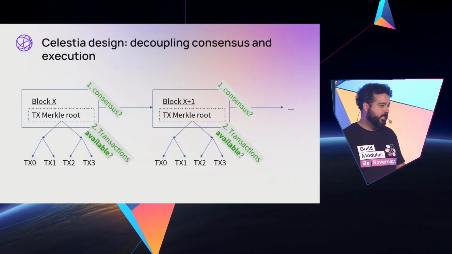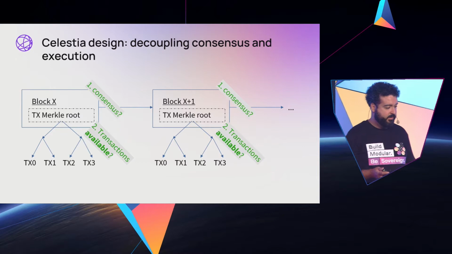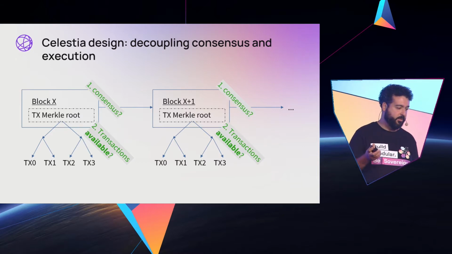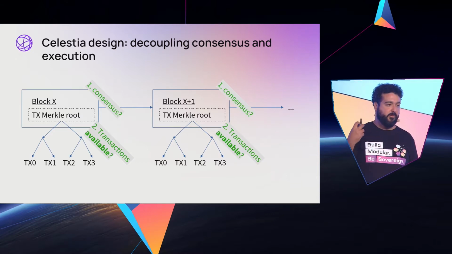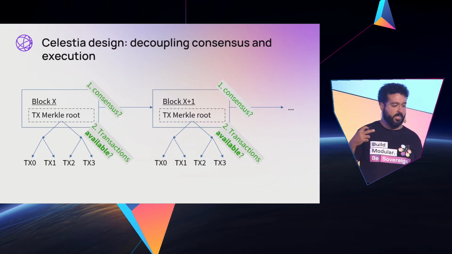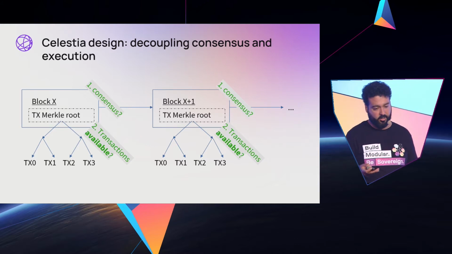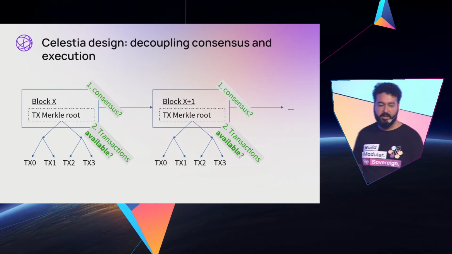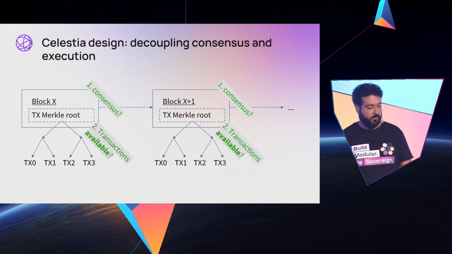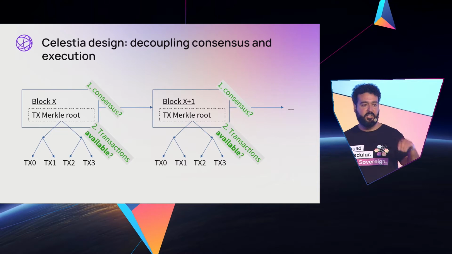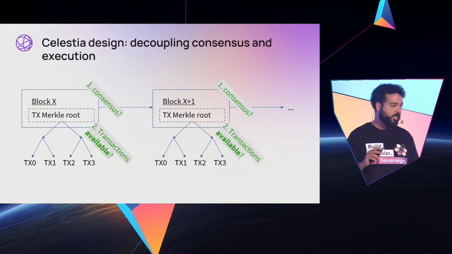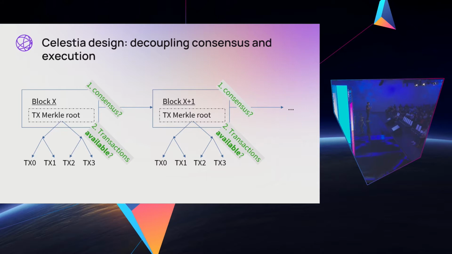And Celestia changes this paradigm, and instead of asking does the block have consensus and are all the transactions valid, it instead guarantees two things. If you want to verify if a block is valid, you ask, does the block, the header, have consensus like before? But then instead of asking is every transaction valid, you only check if it's available. That's the main difference.